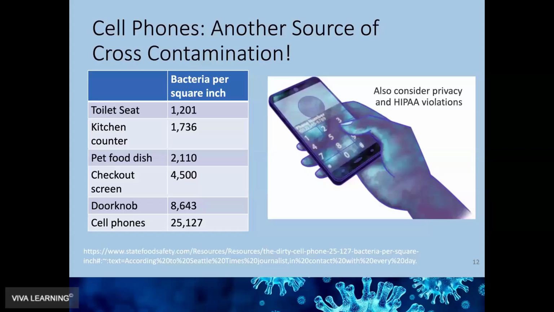And what you will notice is that cell phones on the bottom portion of this slide have an exponentially larger amount of bacteria per square inch that are cultured than all of the other surfaces combined. 25,000 bacteria per square inch can live on a cell phone, which is highly, highly contaminated.